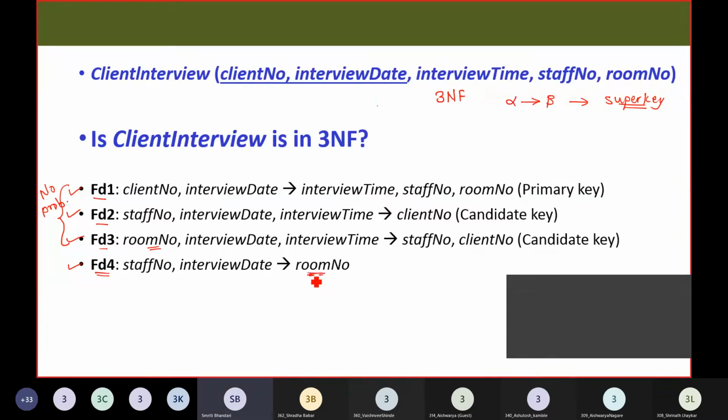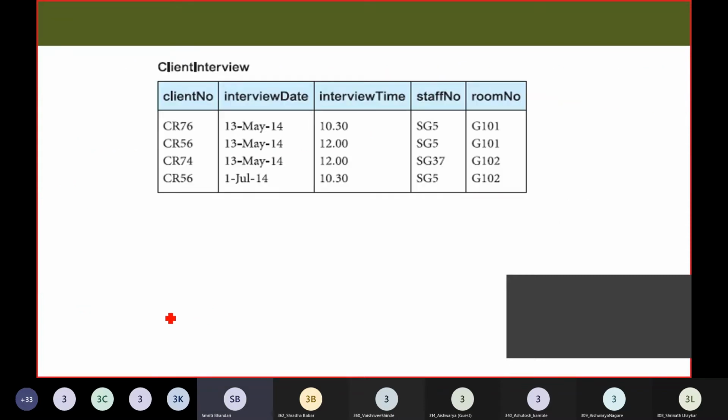This is allowed in 3NF, right? And that is why we may say that this relation is in 3NF. No issues.